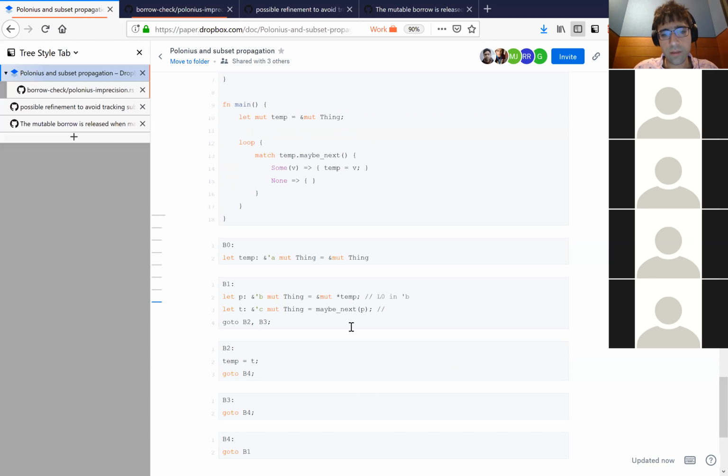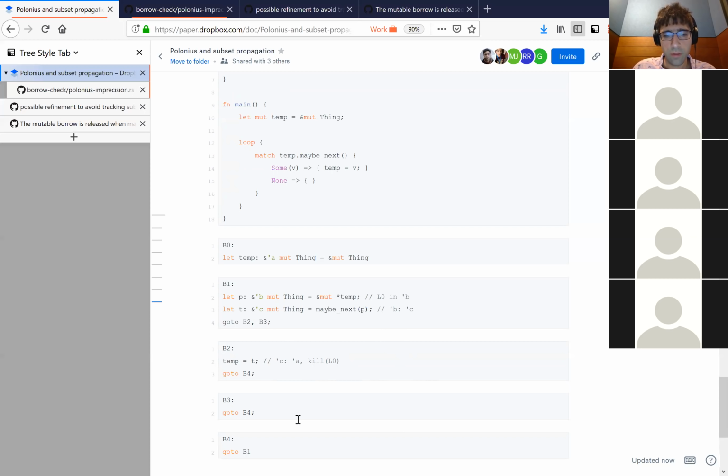And here, tick B flows into tick C, yes. And here, tick C flows into tick A, but we can kill L0. Go to B4. Okay. Those are the basic relationships.